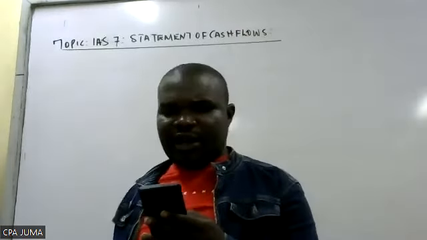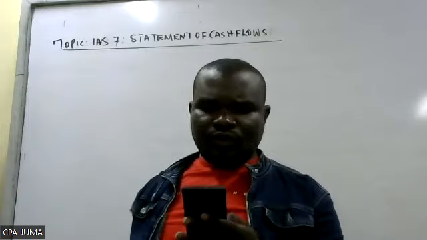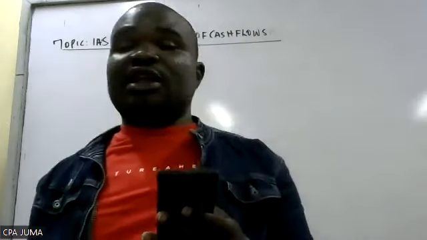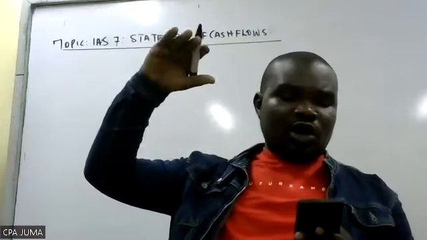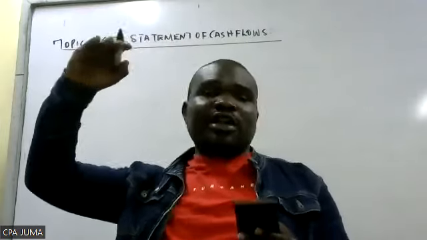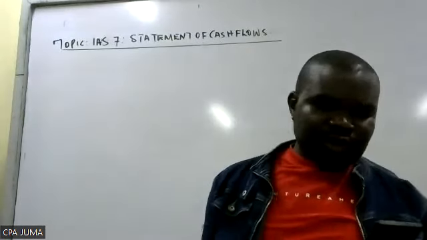So when applying the indirect method, you start with profit before tax under operating activities. Operating activities is the one which starts, in which case you start with the profit before taxation.